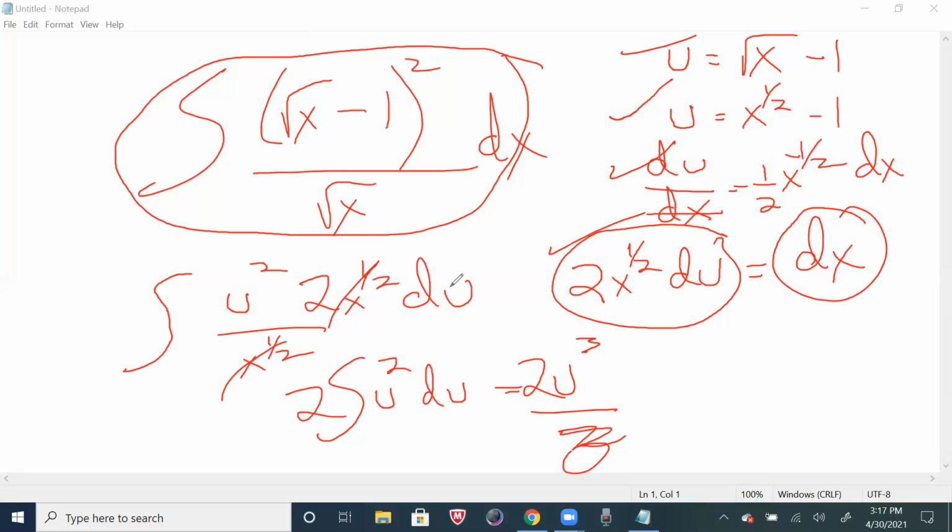And so I did that, and that got rid of the x's, because the x to the 1/2 cancel with that x to the 1. And that always happens as long as it is a u substitution problem. If it isn't, then you have to use a different technique, which you haven't learned yet.